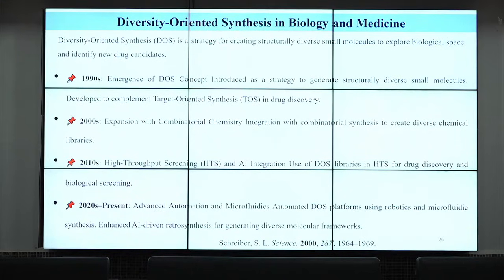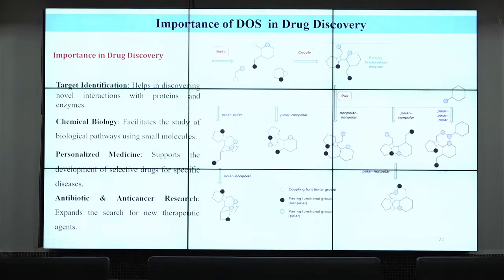So those compounds should be synthesized with a diversified technique to reach there. As I said, this way you can create diversity. You can have different kinds of functional groups depending upon their polarity. They can combine in different permutation and combination arrangements to get a wide variety of compounds.